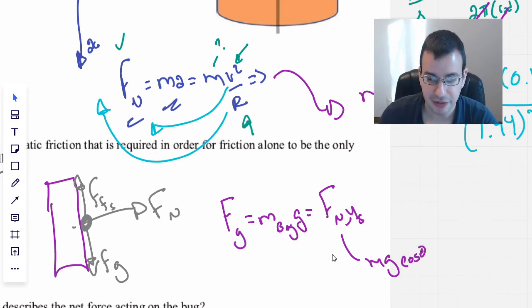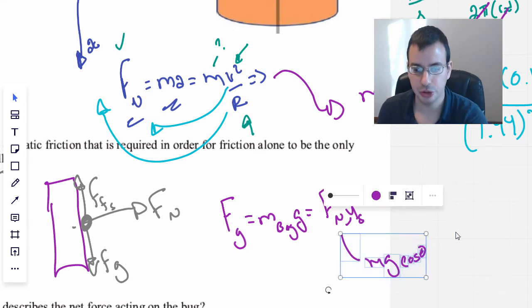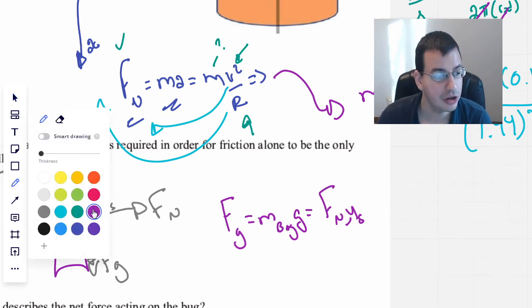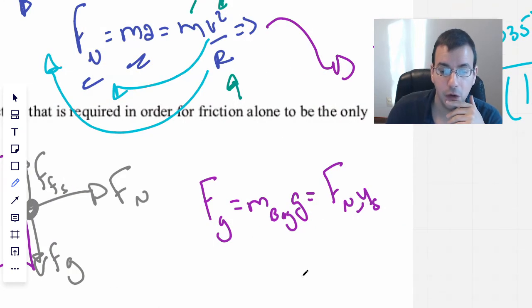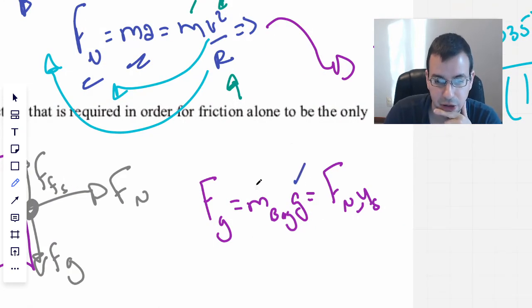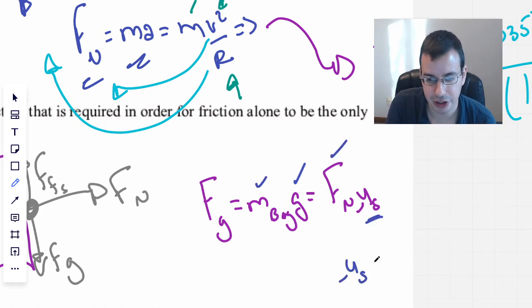But in this case, we're just given the force normal, and that force normal is due to a spinning cylinder. Probably a lampshade or some such. Looks like a lampshade. We know gravity, we know the mass of the bug, and we know the force normal, so we can find this coefficient of friction.